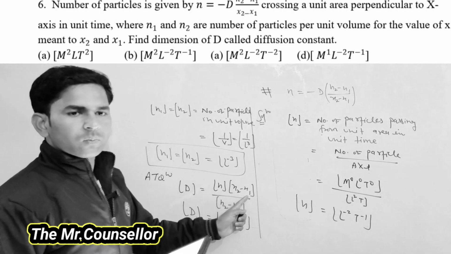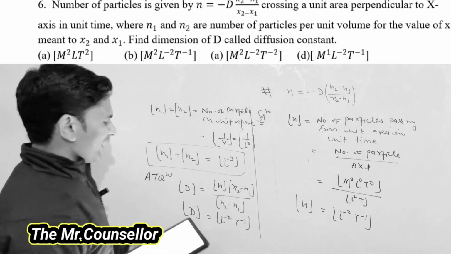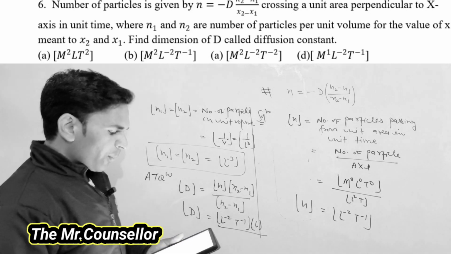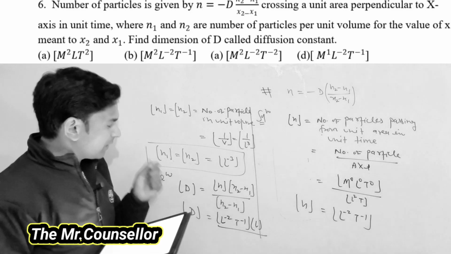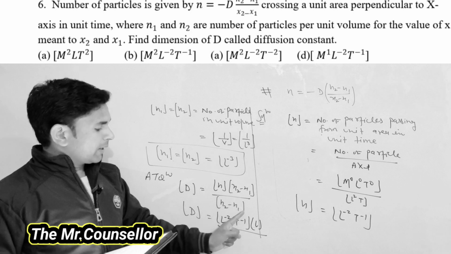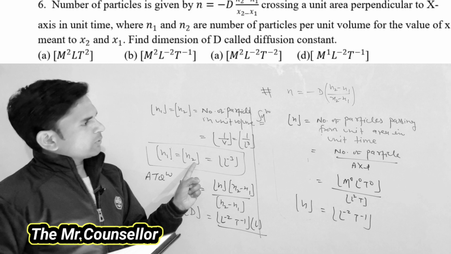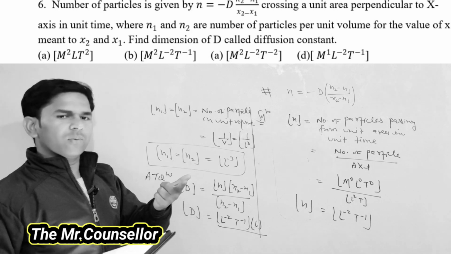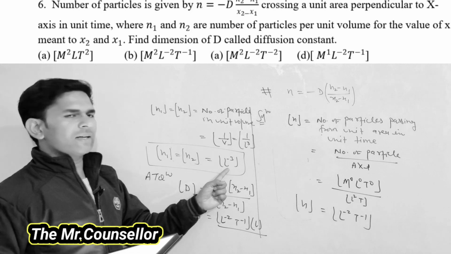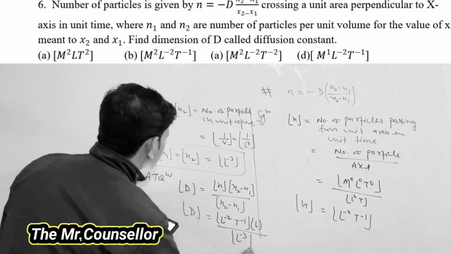And x2 minus x1 is a distance difference, so you get the same distance, meaning length L. Similarly, for n2 minus n1, or n1 minus n2, whichever you write, you get the same thing, so you can place L⁻³.